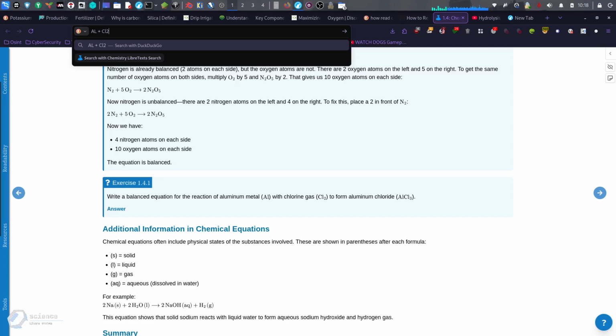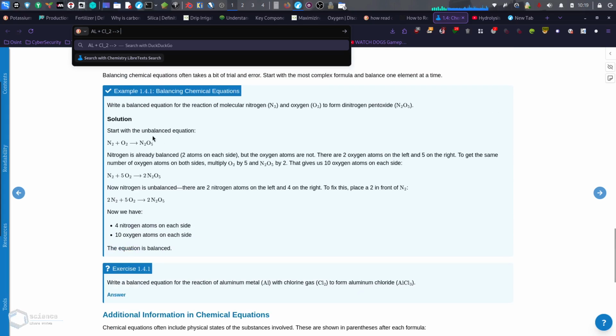I cannot write subscript, I can write underscore to show this. These produce 1 atom of aluminium. No. How do I balance it? How did this start?